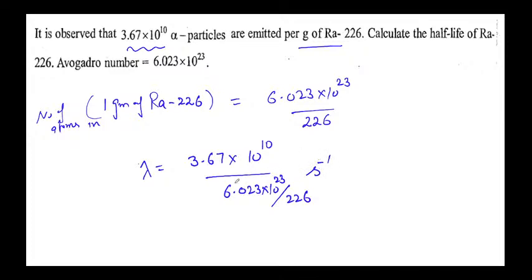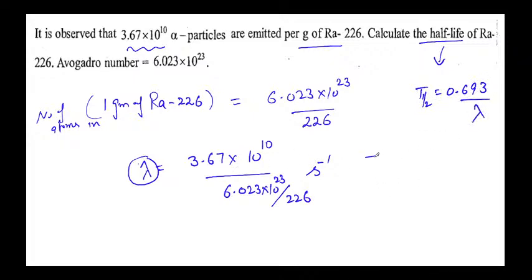Once you find the value of lambda, the decay constant, you can find the half-life period T half, which is equal to 0.693 over lambda.